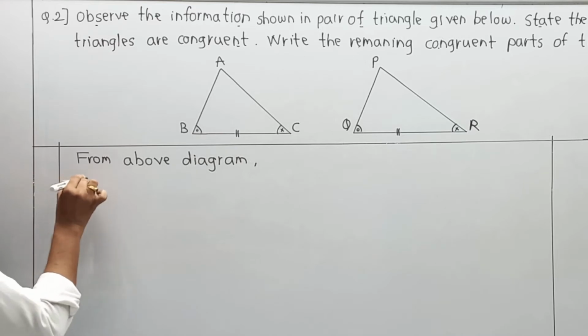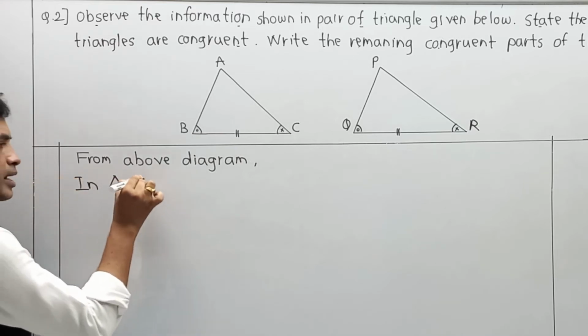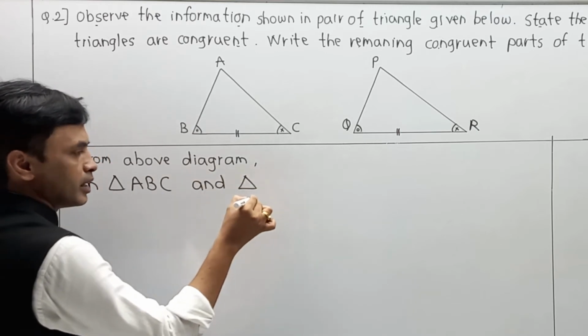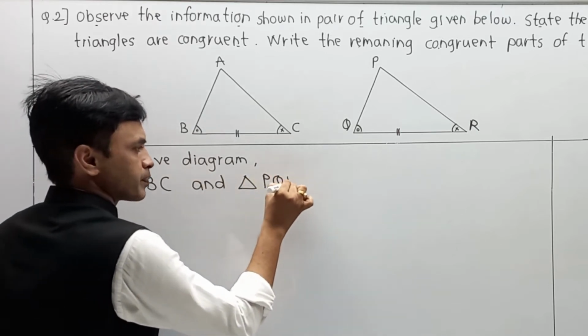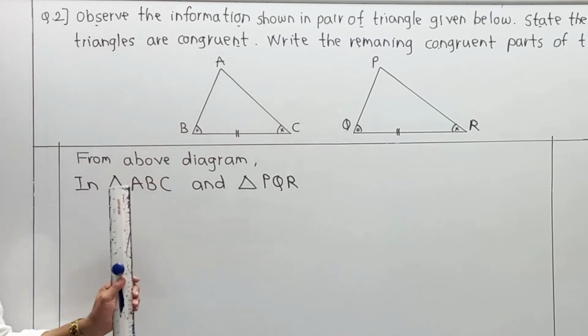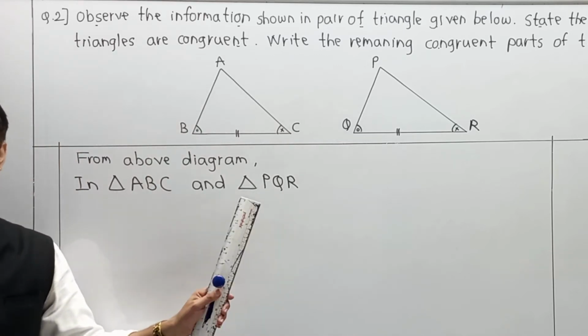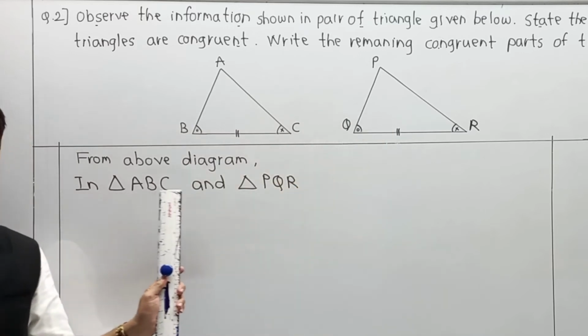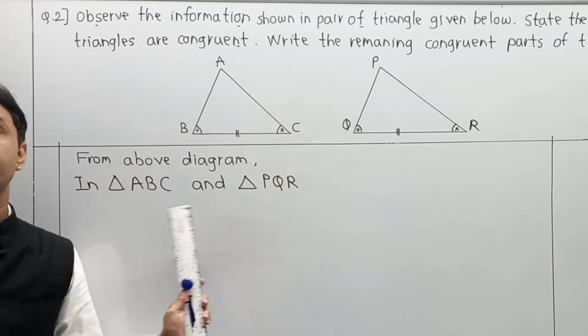Means in triangle ABC and in triangle PQR. This is first called a declaration of the diagram, that is, what diagram is given and what you want to describe.